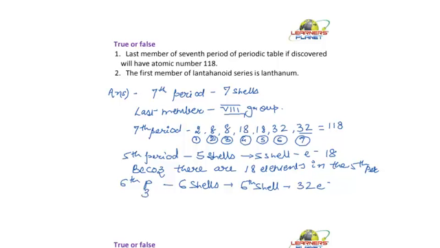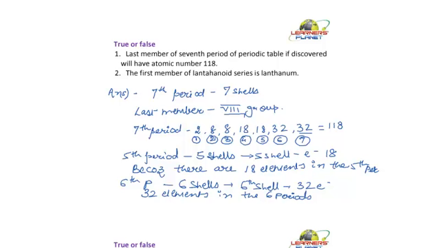Because there are 32 elements in the 6th period. So students, the number of electrons in a particular shell can be determined by the number of elements present in that particular period.